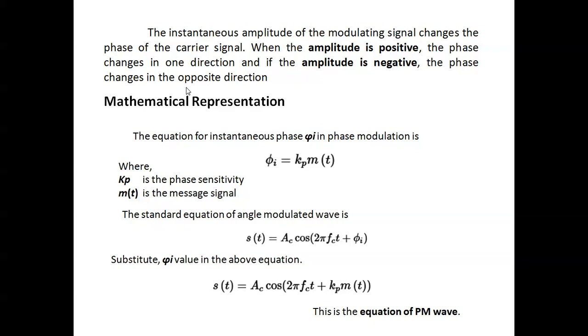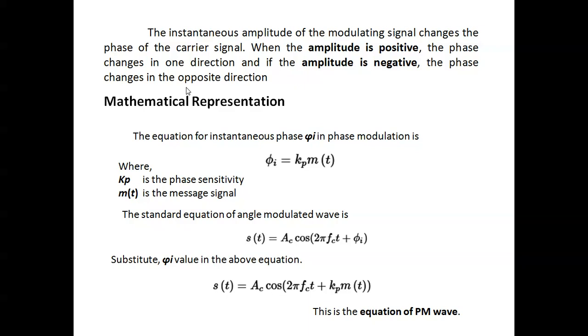Then we substitute psi i into the angle modulation equation, so s of t equals Ac cos(2 pi fc t plus kp m of t).